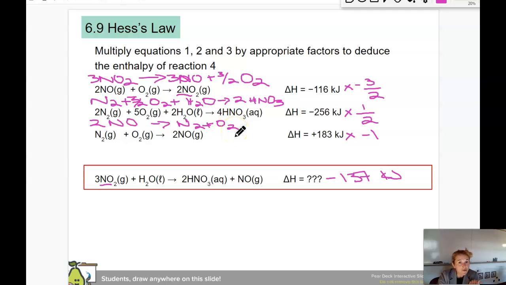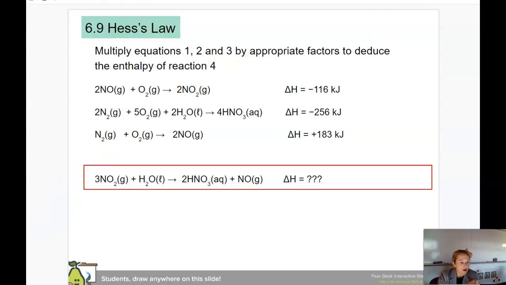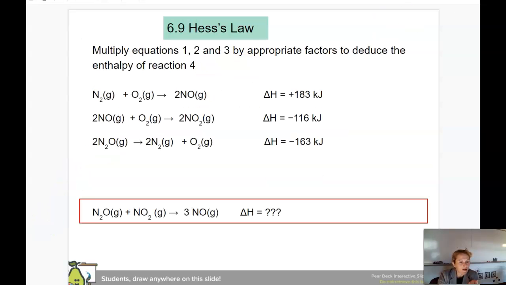So the oxygens were hard to follow. That one is pretty challenging. And then we make sure that whatever we do to the equations, we also do to our energies, and then there's our total energy. Alrighty, let's take a look at the next one. Pause and give it a try.